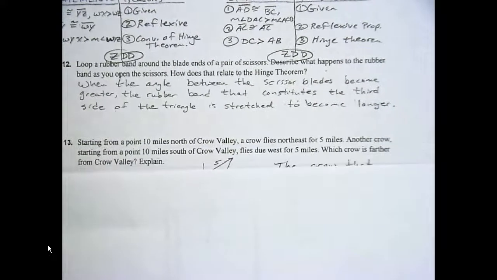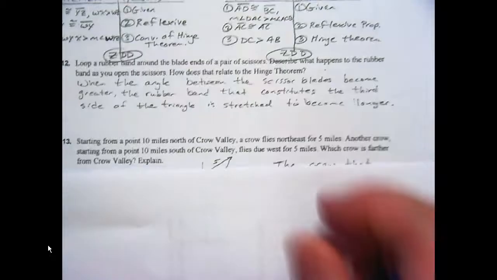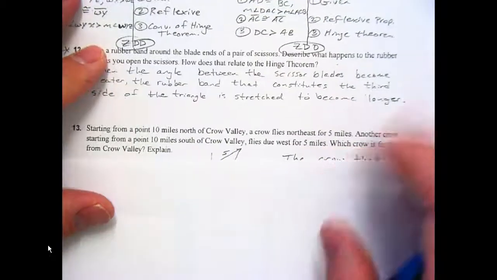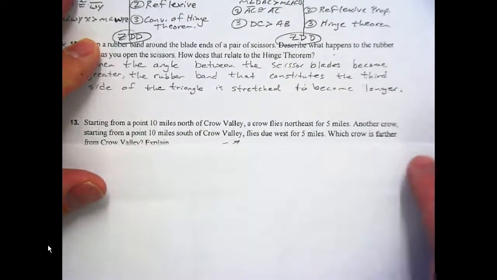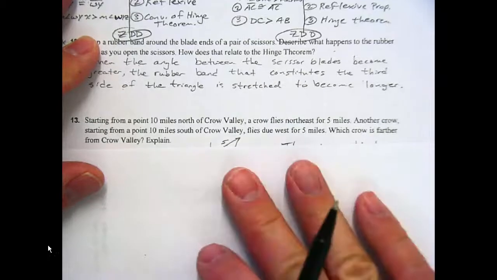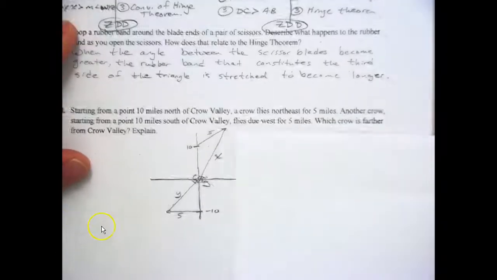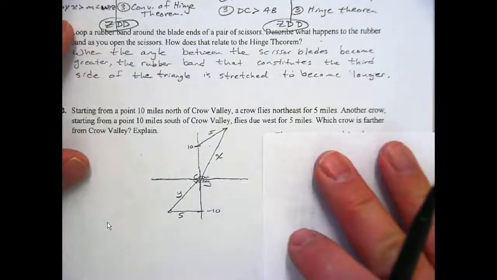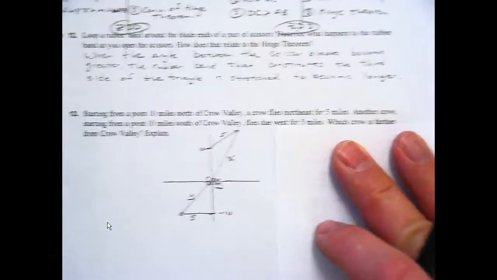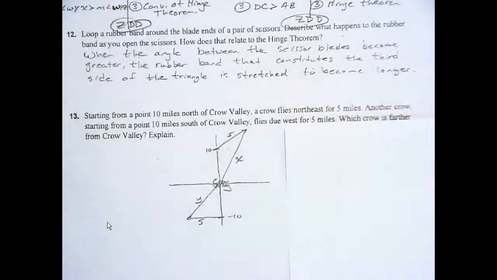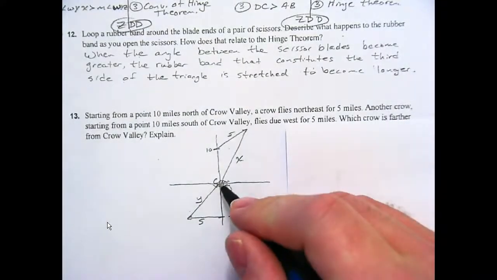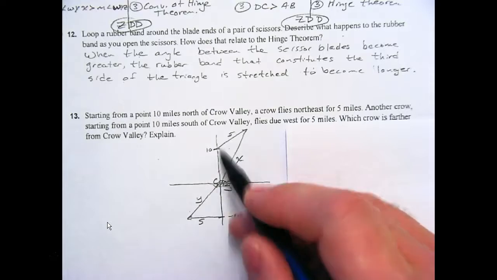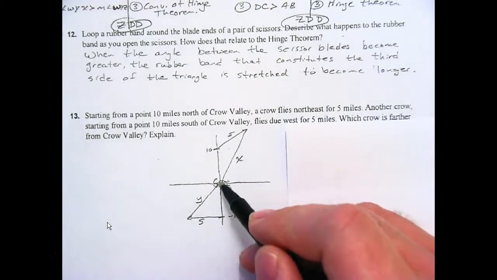Hey, on this next one, I want you to draw a picture starting from a point 10 miles north of Crow Valley. So whenever you're dealing with a picture on this, you're starting at your origin. So if I look at the picture I have up here, you start at the origin. Anytime they give you directions, you go 10 miles north of Crow Valley. We'll call Crow Valley the origin here.